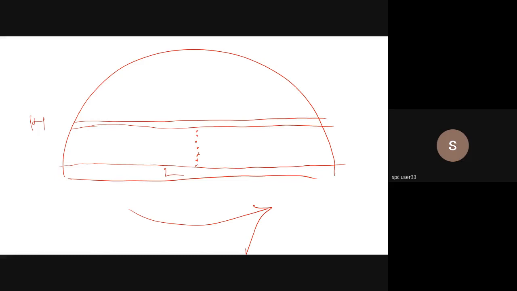Now, at the end of the first 24 hours, what is going to happen? Obviously, the particle near the equator, that's this particle, is going to be running for the same time, of course, but a longer distance.